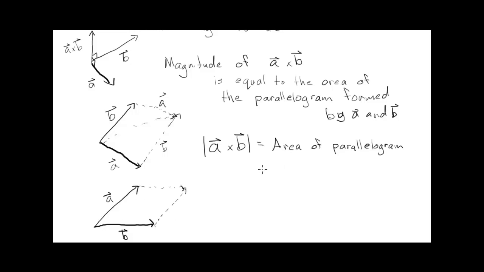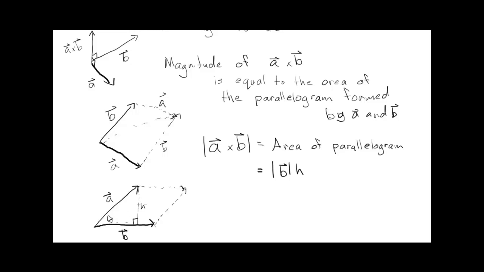It's easier to think about the area. So if you remember, the area of a parallelogram is equal to the length of the base, which in this case would be B, or the magnitude of B, times the height. So that would be equal to the magnitude of B times this line right here, which is H. Well, H is related to A. If theta was the angle between A and B, then H would just be this basic right angle triangle right here.